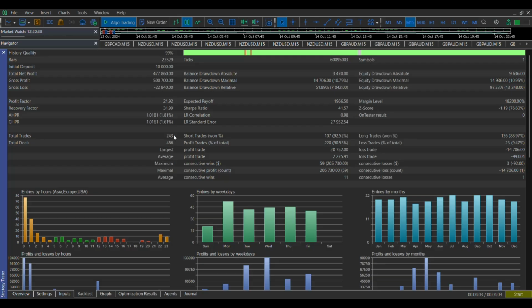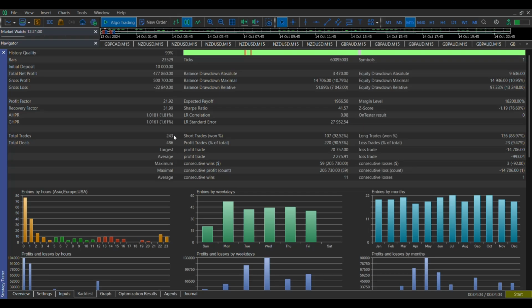As you can see here, 20K is the largest profit and 2200 is the average profit, and the largest loss is 14K and the average loss is only 900 USD.